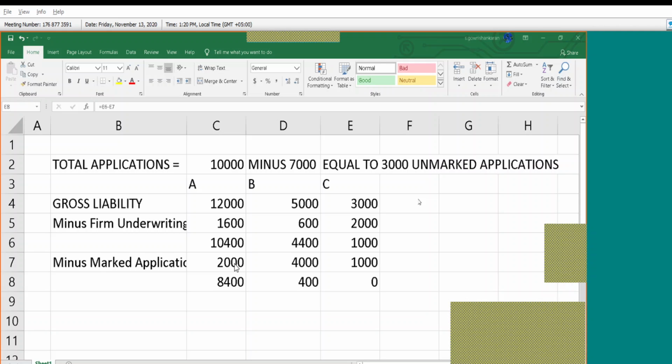There is no further liability for C. So there is no need to allot this unmarked application to C again. Instead, we can directly allot this 3,000 to A and B in their gross liability ratio. What is the A and B gross liability ratio? 12,000 to 5,000, that is 12:5. Okay? Gross liability ratio.